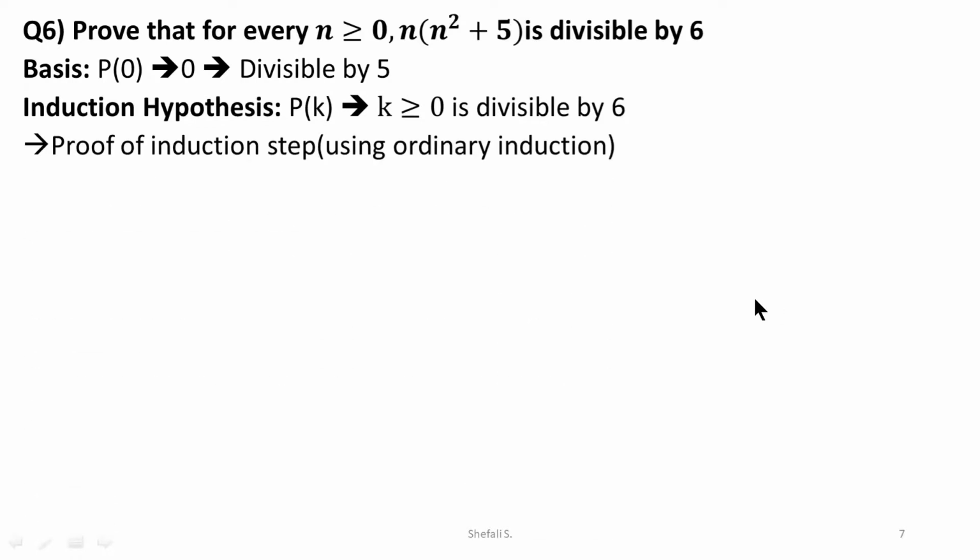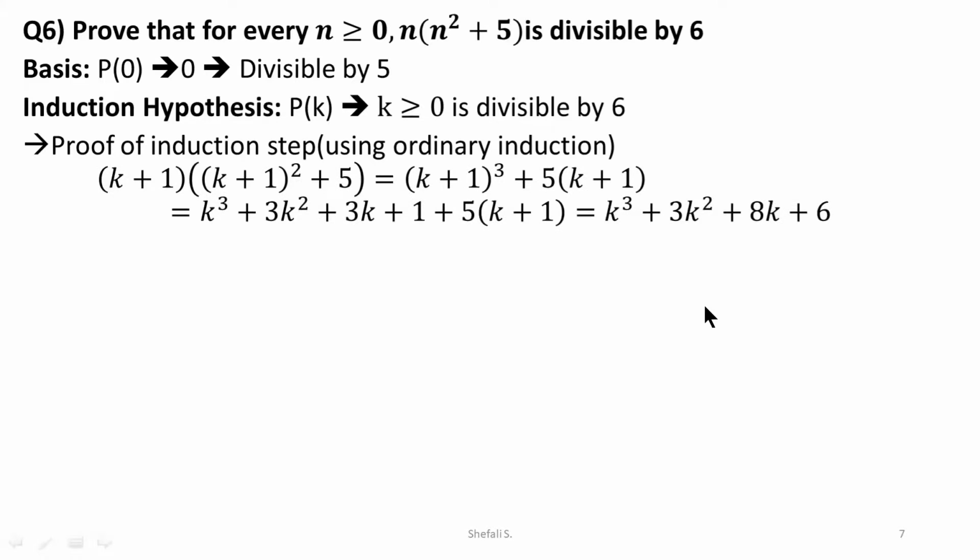So with ordinary induction, if we rewrite the equation for the predicate k plus 1, n can be replaced here with k plus 1: k plus 1 bracket square plus 5, and that is equal to k plus 1 cube plus 5 times k plus 1. You have just rearranged the terms.